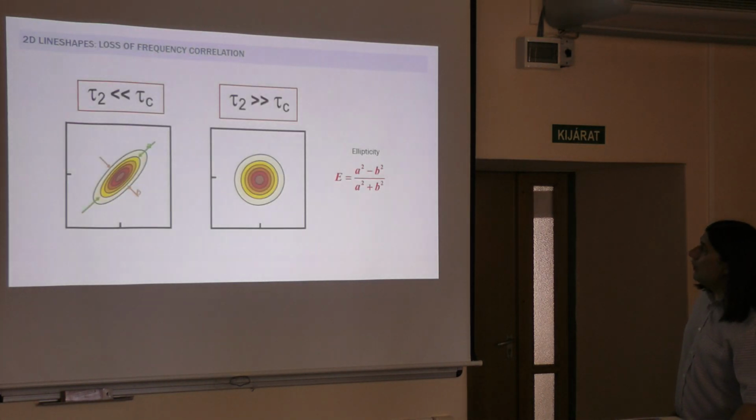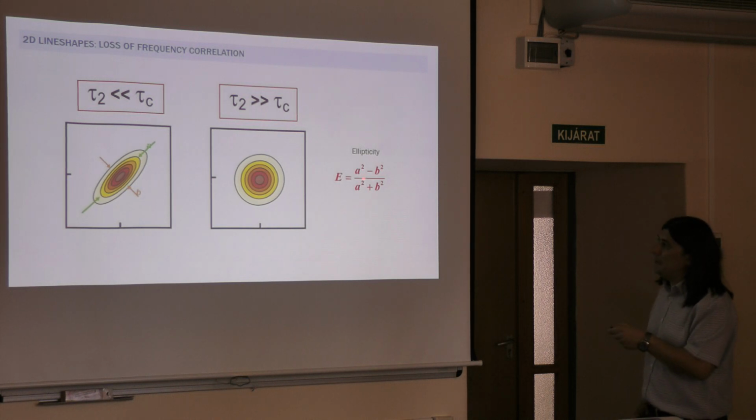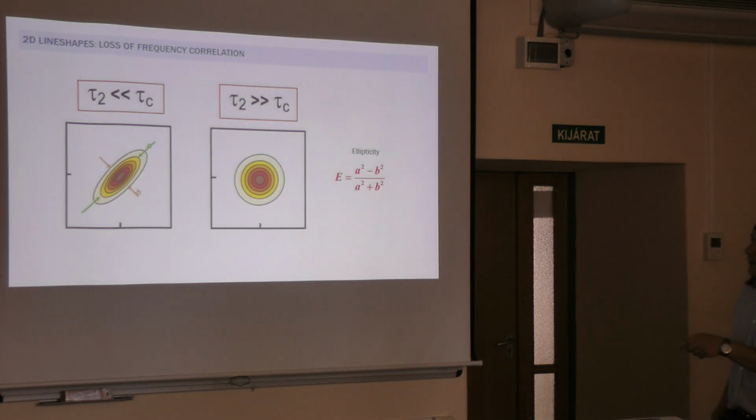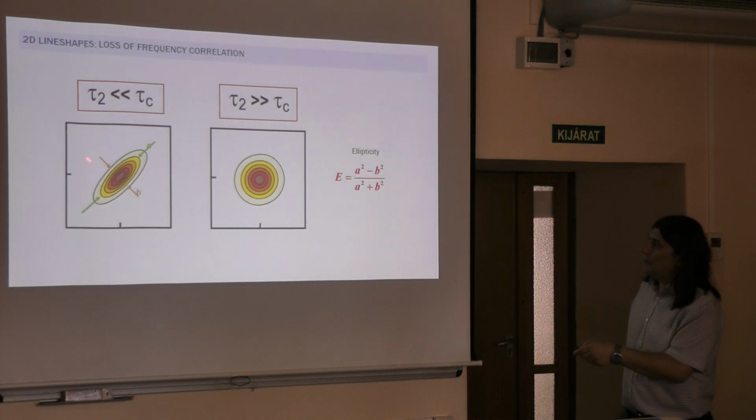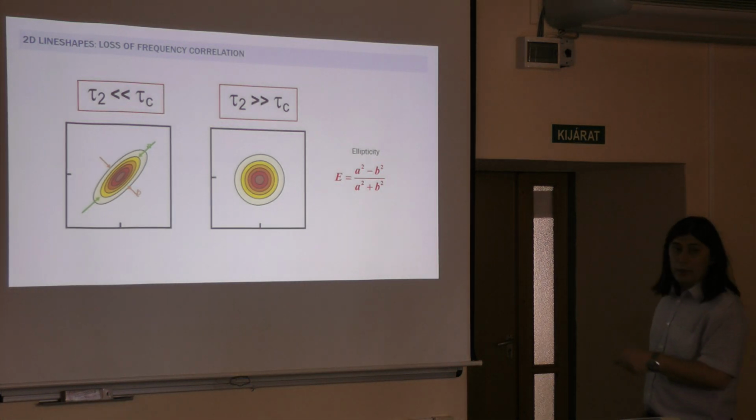And this is the spectral diffusion. We can quantify that. There are several ways. We can quantify that by the ellipticity. That means the diagonal width and the difference of the diagonal and the anti-diagonal width. As time goes, if there is spectral diffusion, the ellipticity will be lost.